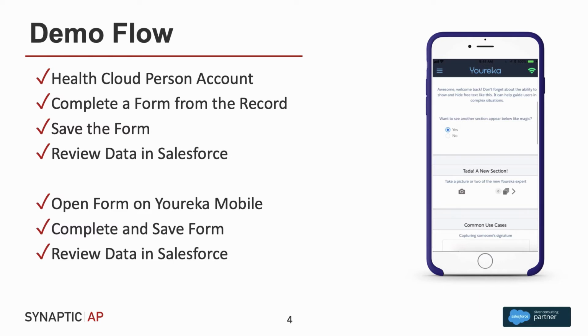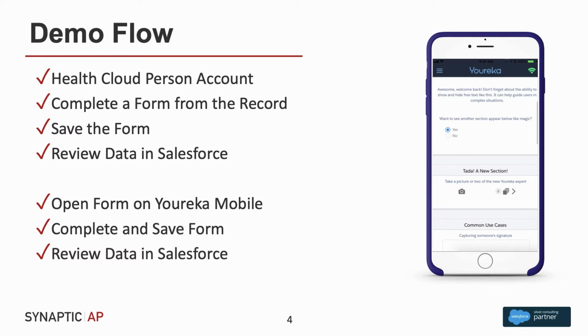So the demo flow that I'm going to be going through today is we're going to be starting from a Health Cloud person account. For those of you that are using Health Cloud today, you might be using the individual data model. Some of you might be using the person account data model. We're going to be using person accounts today, and we're going to fill out a form right from that person account's record.